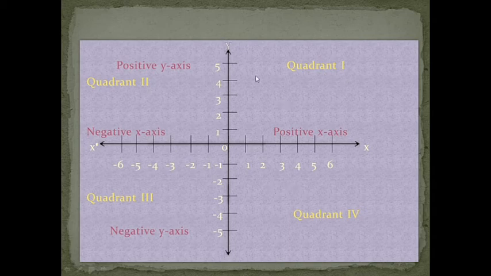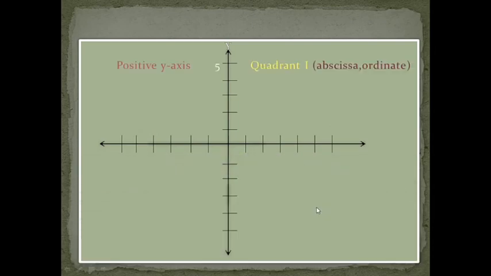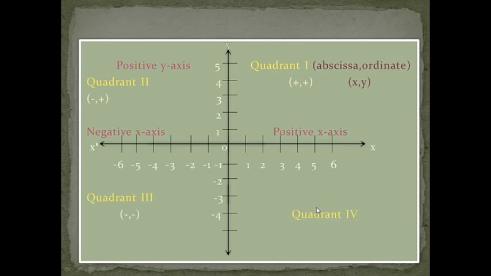The names of these parts are quadrant 1, quadrant 2, quadrant 3 and quadrant 4. Now what is the difference between these 4 quadrants?